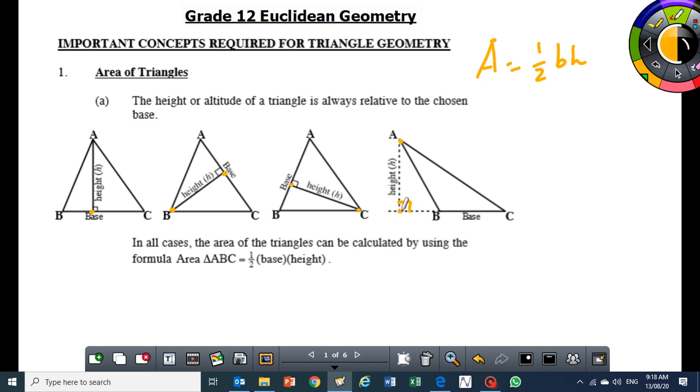So always when you want to determine the area of a triangle, you have to choose your base first, and then you can determine your height. That's the first key concept on triangle geometry.